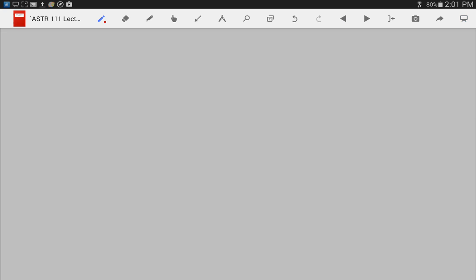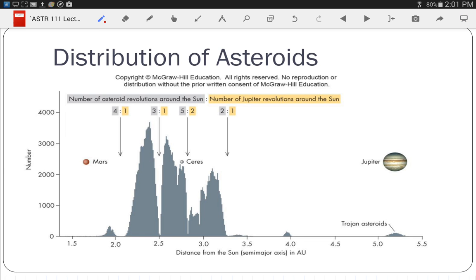My last picture on asteroids shows where asteroids are found in the solar system. And what you find is there are certain places where the asteroids are specifically not found. And those places correspond to resonances in the periods.